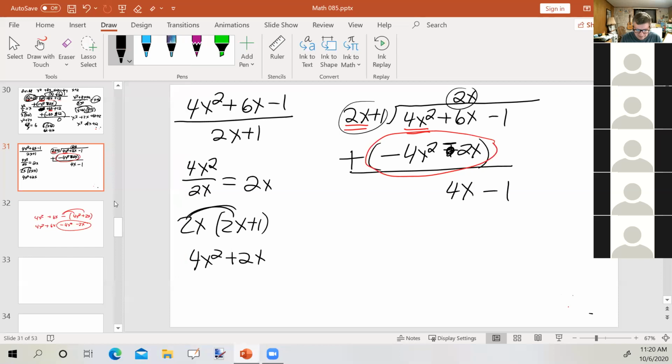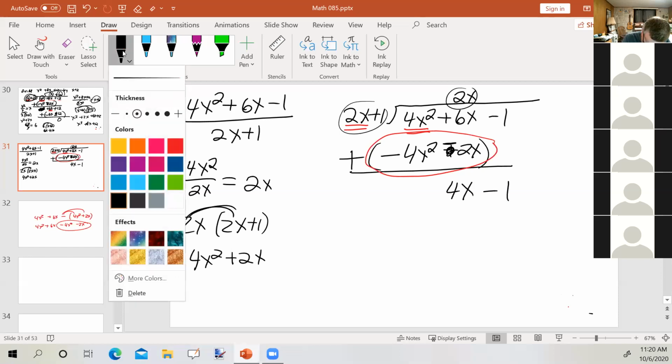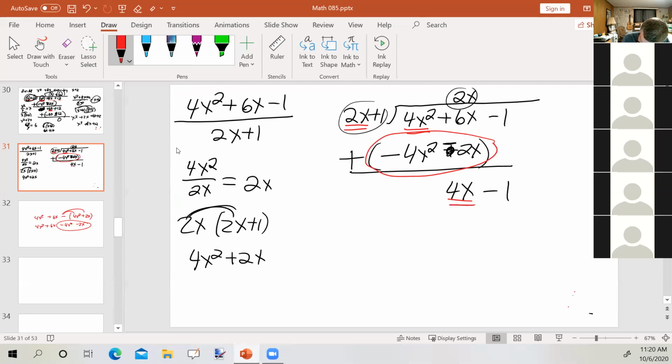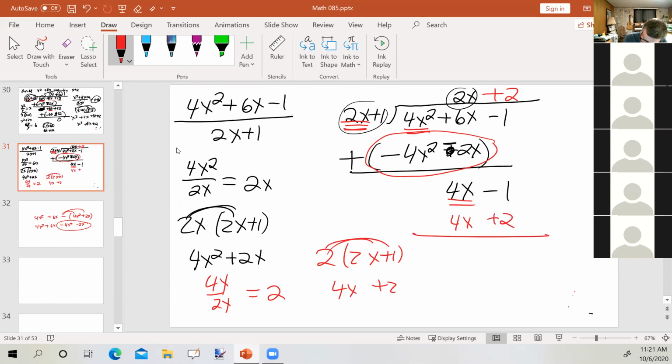Okay. So now we're going to start over. Look, leading term, leading term. 4x divided by 2x is 2. So I get plus 2, okay? Which then I take 2 times 2x plus 1, and I get 4x plus 2, which I'm going to subtract, okay?